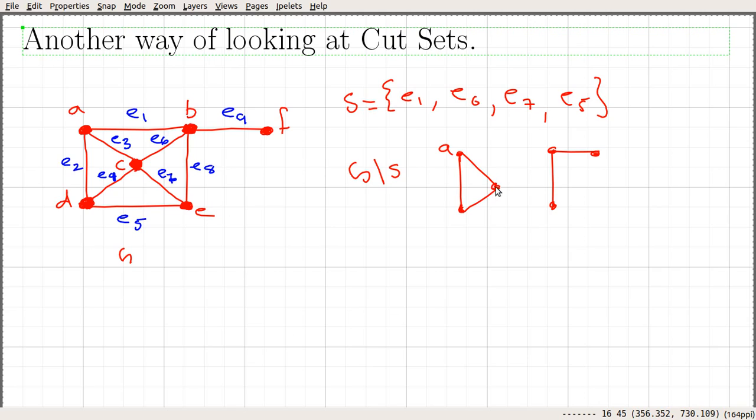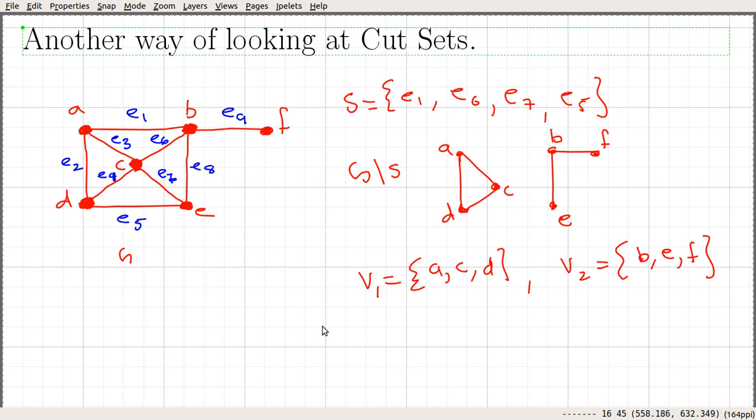Here we have this connected component containing these three vertices and those edges, and this one B, E, F. If we collect the vertices on the first component, A, C, D, and collect these three vertices B, E, F, then if we take the union, we get the entire vertex set, and if we take the intersection of these two sets, we get the null set.